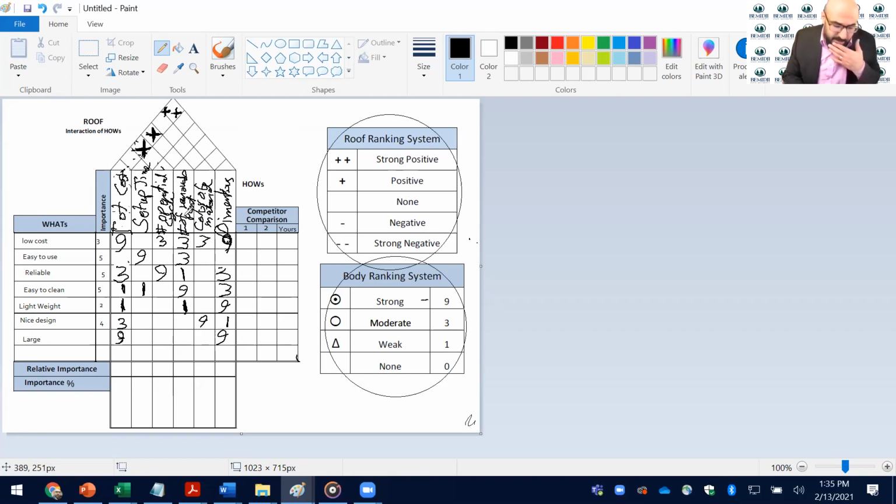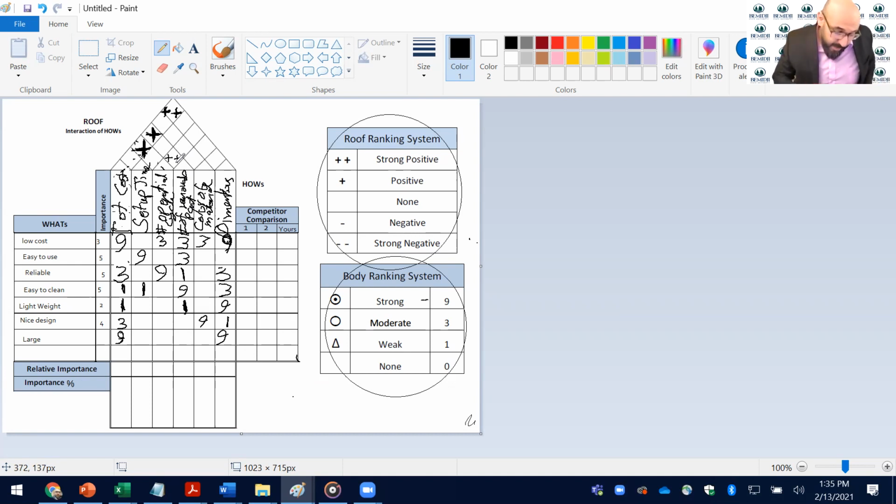The number of operational cycles would be the reliability, and there could be a strong, actually strong positive. So we need to be careful here. We need to go to the interaction between the two characteristics and put the sign. That's the intersection. I'm going to add a plus plus here.